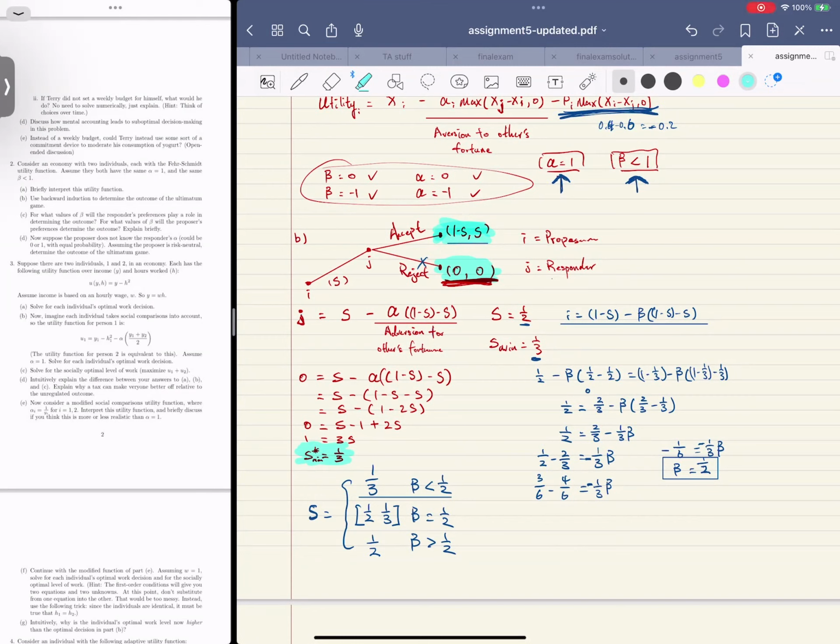And then we're trying to find out in what scenario I would give out what number of S. What is S meant to be? We know it's between 1/3 and 1/2. But under what circumstances will it be 1/3 or 1/2? That's why we need to find the beta.